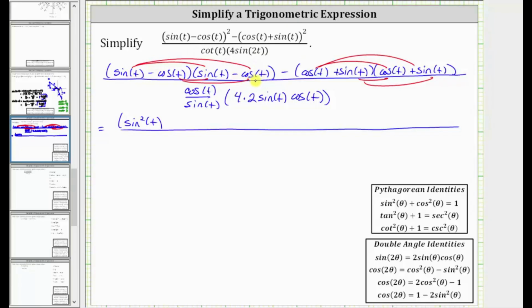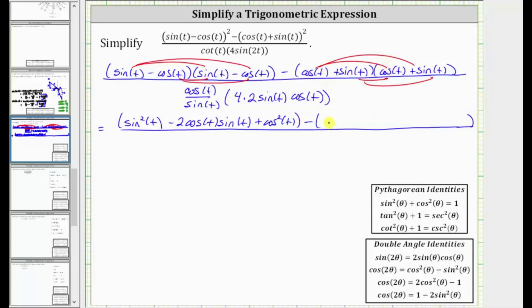But notice how the next product is also negative cosine t sine t, and therefore we have minus 2 cosine t sine t. And then we have negative cosine t times negative cosine t, which is positive cosine squared t, which gives us plus cosine squared t. So there's the first product, and then we have minus this product.